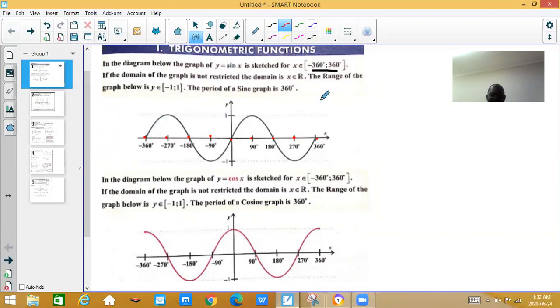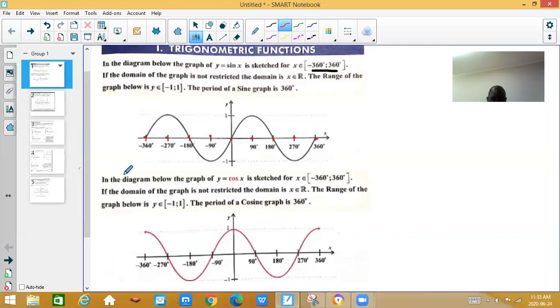When we sketch the range of the graph below, it is oscillating between 1 and minus 1. So when you sketch, you would remember you must have sketched this graph. You realize that this graph oscillates between 1 and minus 1. This one is for a sine graph.